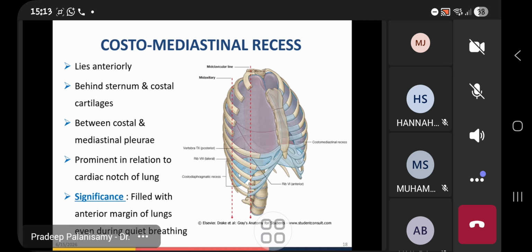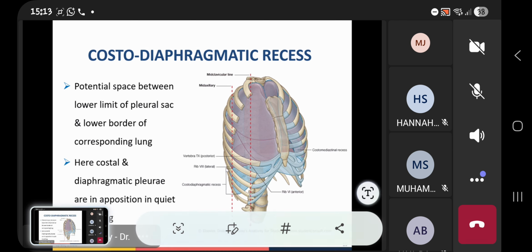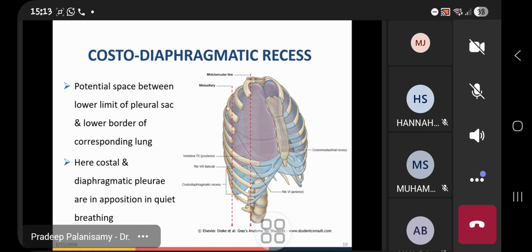This will be the costodiaphragmatic recess. So it is the extra space between the border of the lung and the margins of the pleura. Usually there will be only a few millimeters of space, but in these regions you do have some additional space. That is why they are called a recess.